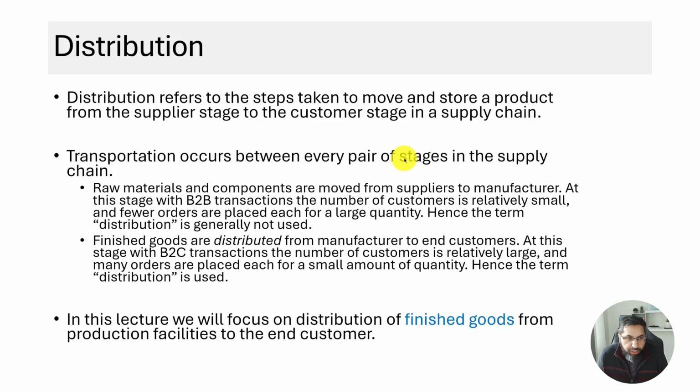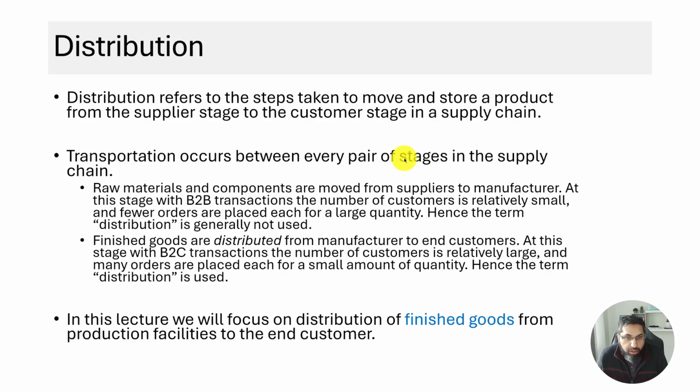Usually what we mean is when you have business-to-business transactions between raw material suppliers or component suppliers and a manufacturer, the number of customers is relatively small. A component supplier may make components for 3 companies, 10 companies, 20 companies, but not millions of companies. And the orders are often in larger quantities, and you have fewer orders in a year.